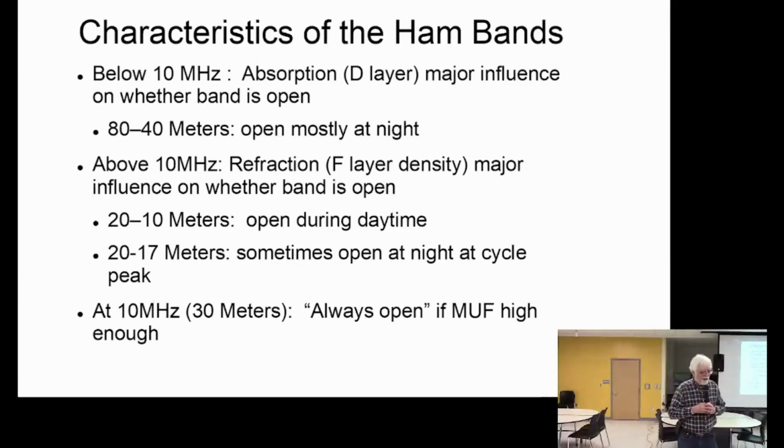Of course, that's not true, but basically that's why they wanted the 30-meter band, because it's open when other bands aren't, for one reason or the other. The maximum usable frequency is low enough that it can get bent by the ionosphere, and the absorption is not high enough to take it out.